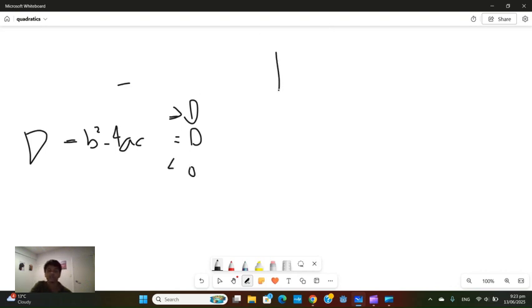In the top scenario, it is above 0, so it has two x-intercepts, something like this, 1, 2. If it is equal to 0, then it only has 1. How does it only have 1? Well, it just touches the line like this. And if it's less than 0, then it'll have no x-intercepts. It'll just be over the line.